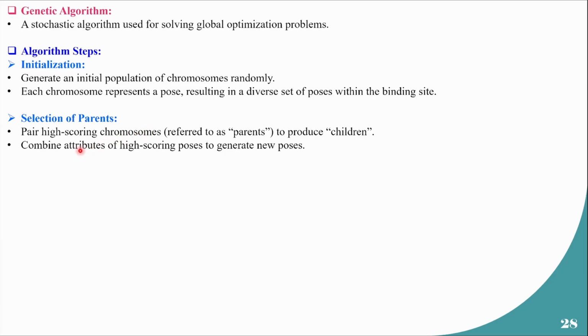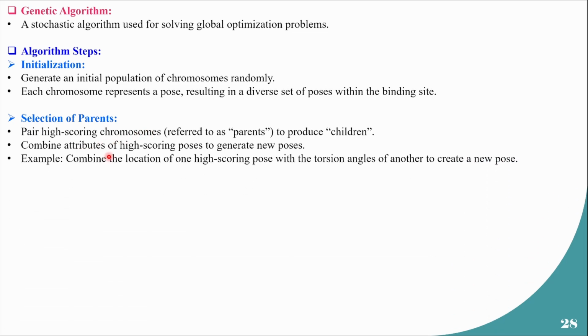So it will combine the attributes of the high scoring poses to generate a new pose. As I said, for example, the location of one high scoring pose with the torsion angle of another high scoring pose to create a new pose. Basically, since we are combining two high scoring poses, it could be possible that the new pose will also have a high score.